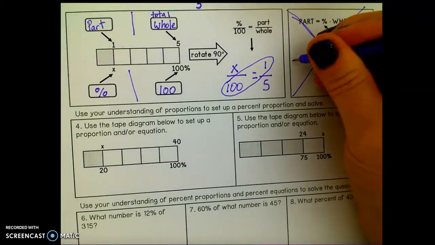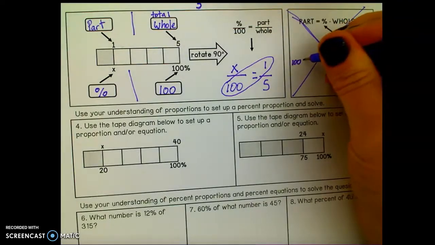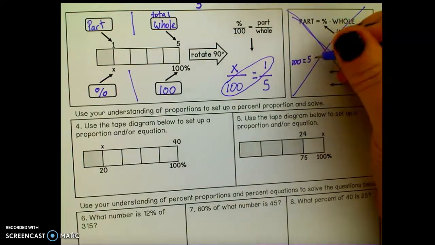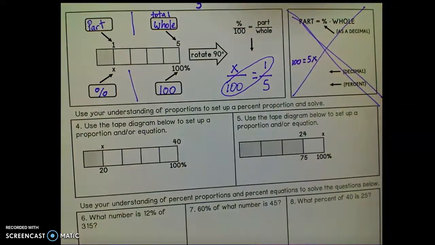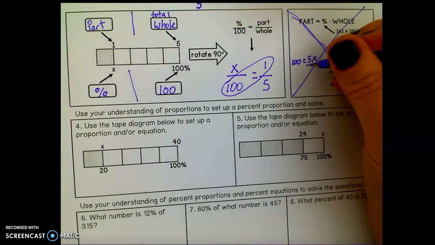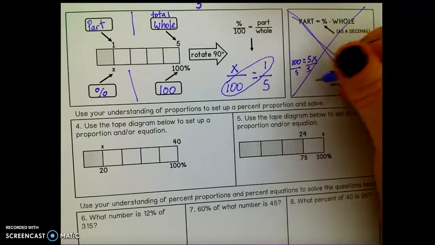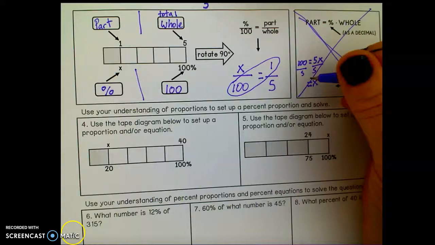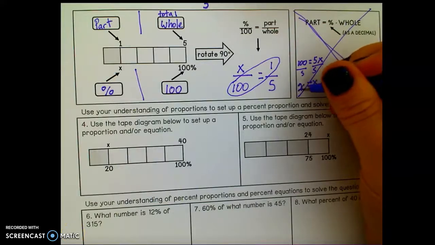I'm going to show my work over here because I'm running out of room. X times 5. Just write it down. And then we divide. And x equals 20.